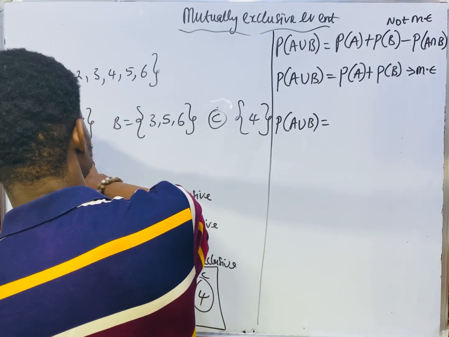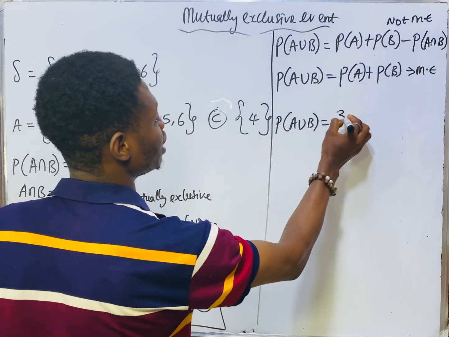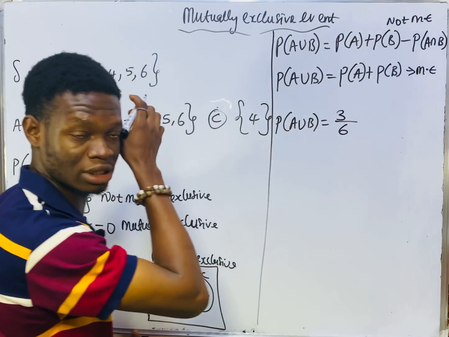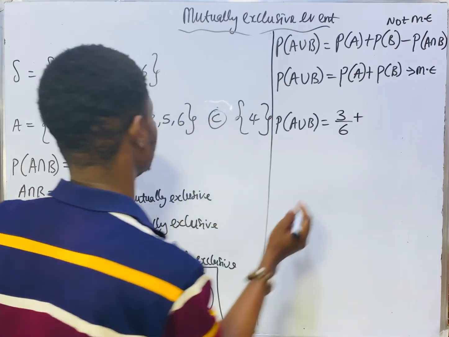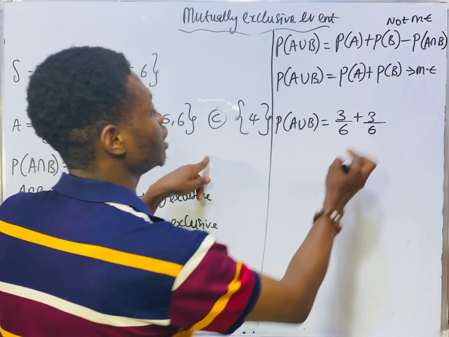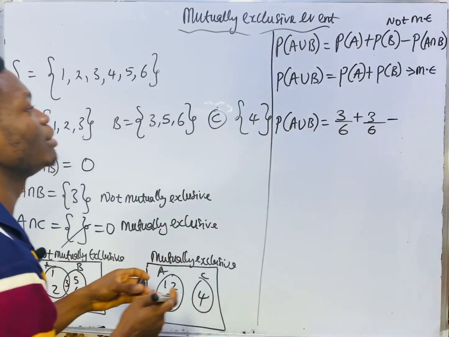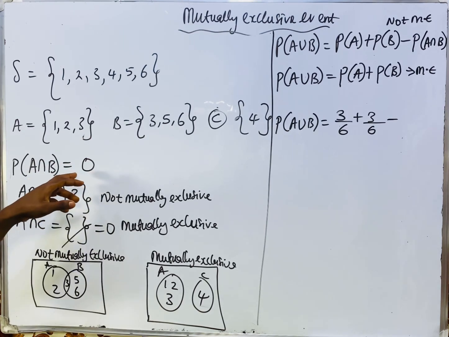How many numbers are here? 1, 2, 3, which is 3 all over the sample space, 6. Then plus probability of B. How many are here in B? 3 all over 6. Then minus probability of A intersect B. A intersect B is what?